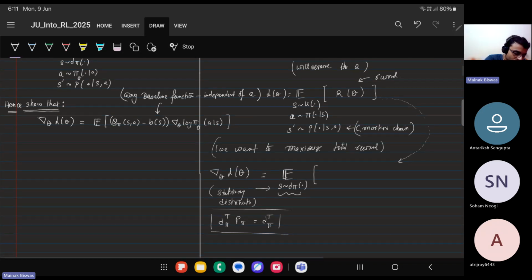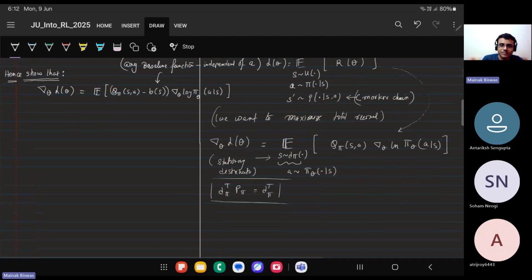After we completed the recursion, what did we see? We saw that it was q pi of S, A times the gradient with respect to log of pi theta of A given S. Action was again sampled from the pi theta distribution, an expectation over the policy we are learning, and S dash was sampled from the MDP transition probability.